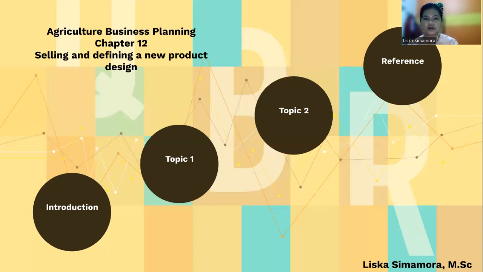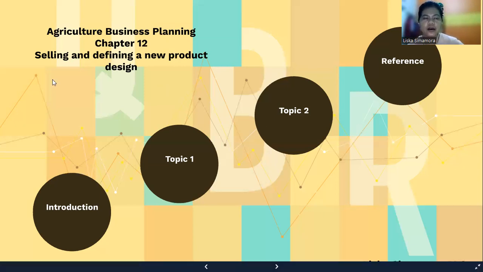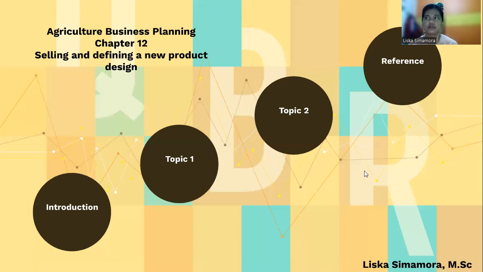Okay, so that is for this chapter 12, defining a new product design. Okay, so you gather the information and also you have the model how to produce your new product.